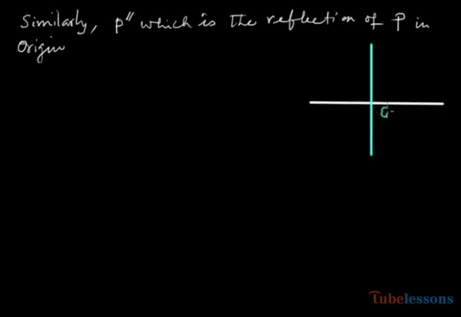This is our origin. If this point is P, this point P double dash is the reflection of P on the origin.